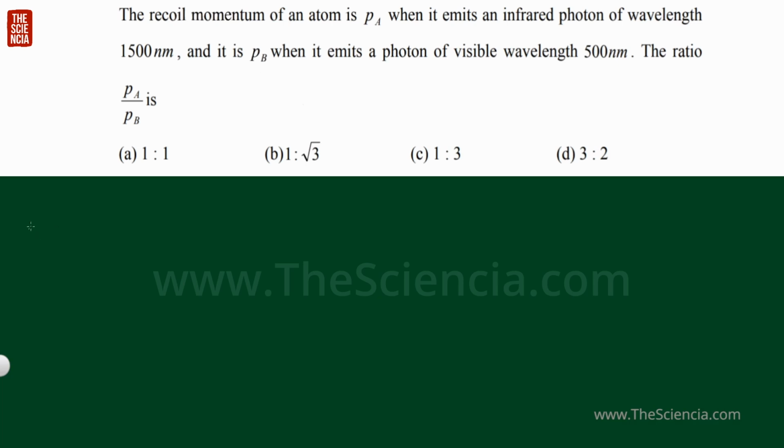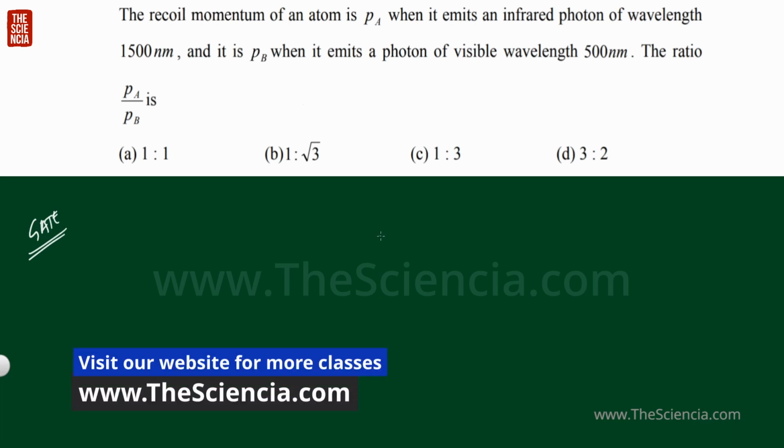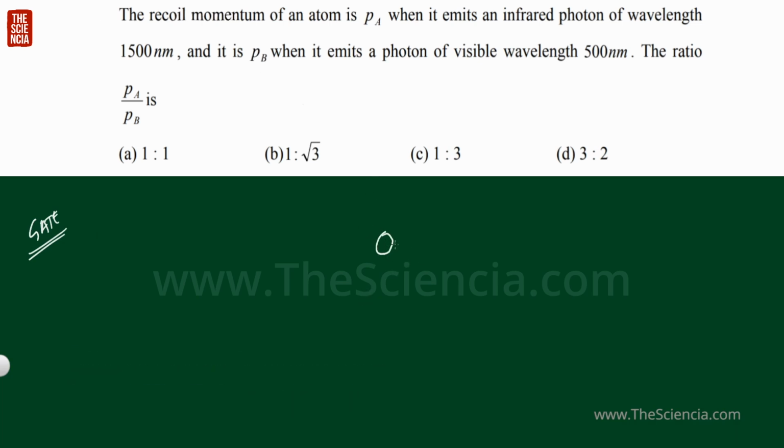Now this one is a previous GATE question, and it is a very simple question. So here the question is to find out the momentum of an atom. An atom emits an infrared radiation of wavelength 1500 nanometer, so it will recoil, and that momentum is given as PA.